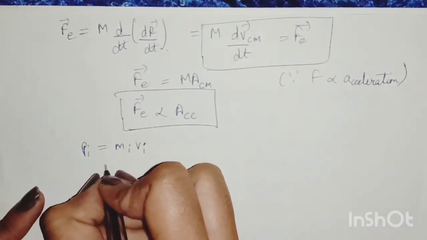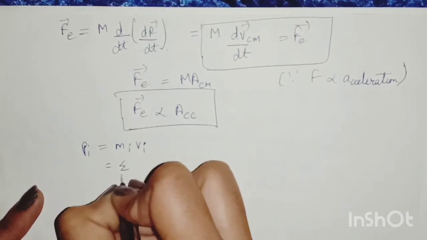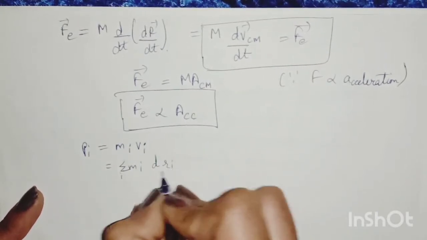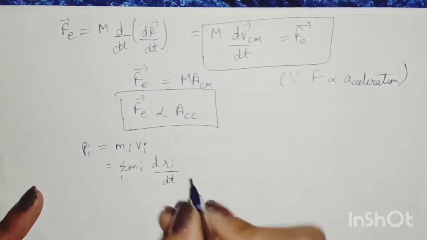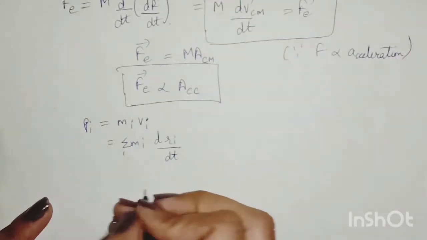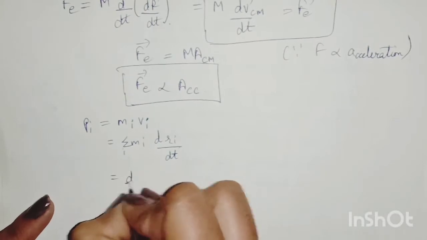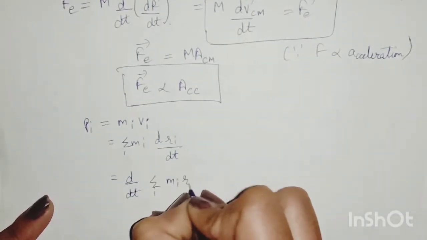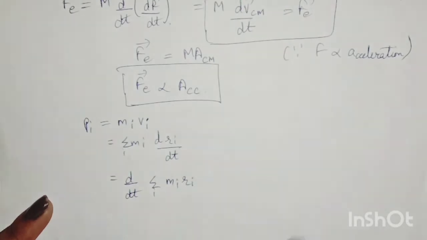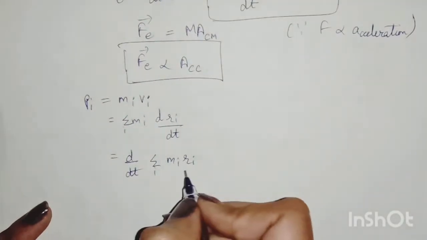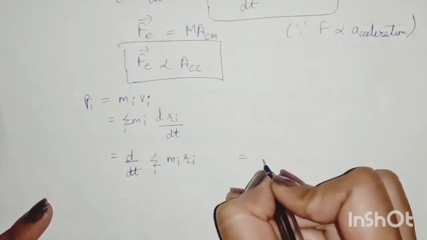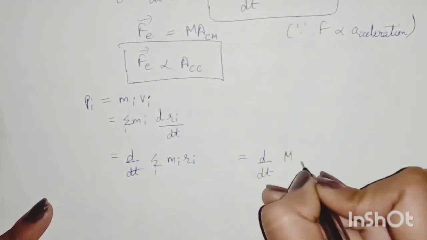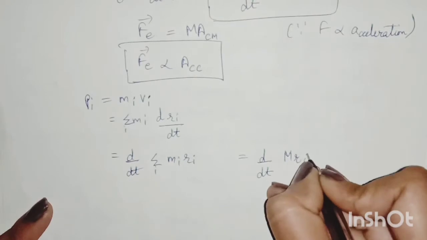So when we take summation Mi d Ri upon dt, we can write d upon dt summation i Mi Ri, which is equal to d upon dt, we can write it as m R.